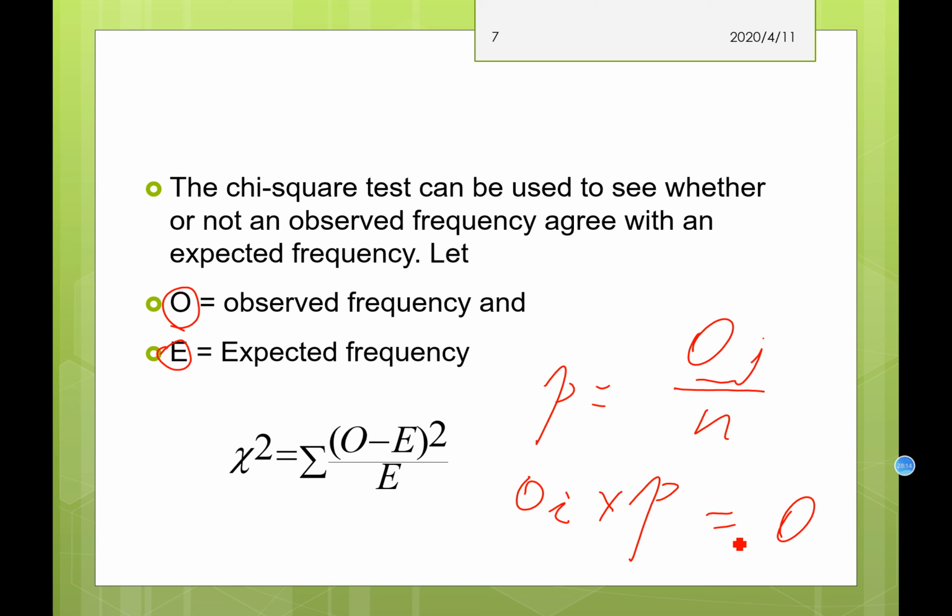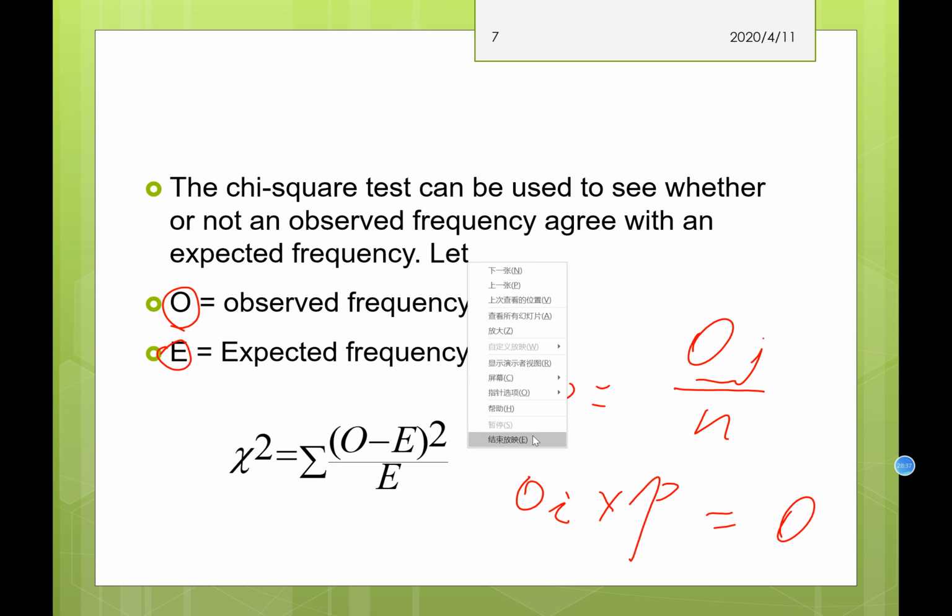So the expected frequency Eij in a particular cell is the product of the relevant row total Oi and the relevant column total Oj divided by the overall total n.